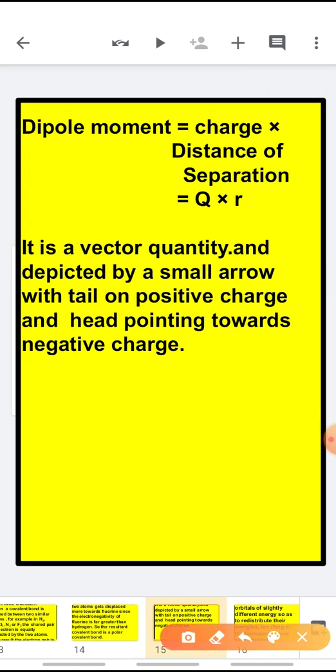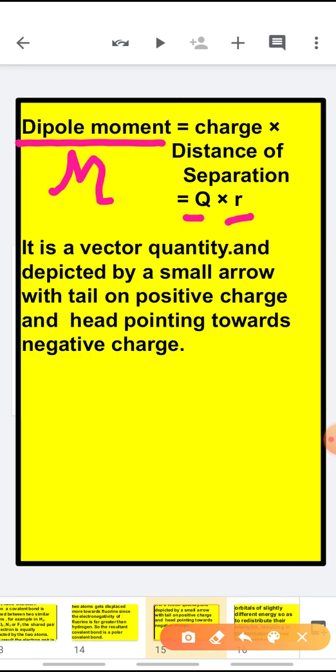The dipole moment is denoted by mu, and it is equal to charge, denoted by Q, multiplied by the distance of separation, denoted by R. Now as distance is involved, it is a vector quantity because direction is involved, and it is depicted by a small arrow with the tail on the positive charge and the head pointing towards the negative charge.